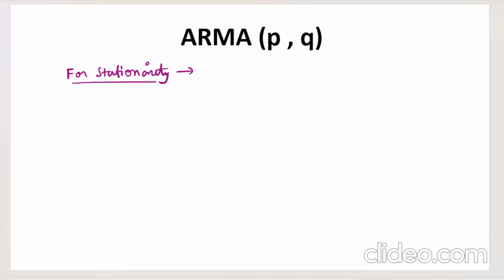Okay. Now the most important thing that we learn for every other covariance stationary process that we have learned so far is under what conditions the process will be stationary. So we'll see under what condition the ARMA process is stationary. Now one thing you must know is that if you consider only the MA portion, MA is always stationary, right?